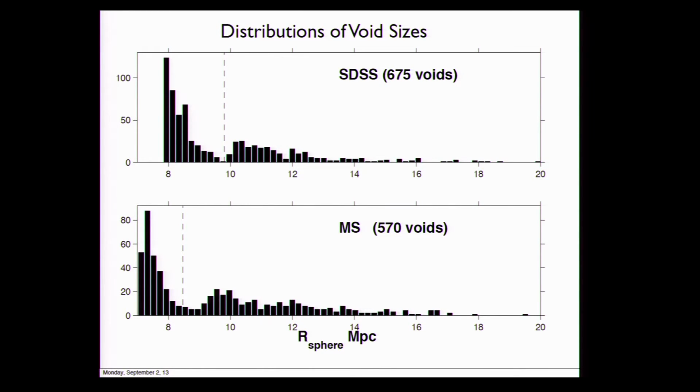This is the void sizes, and basically comparing the Sloan data with the Millennium simulation. This vertical line is a cutoff arrived at after a lot of fooling around with information criteria and cross-validation and various things to decide on what are true voids and what are statistical noise.